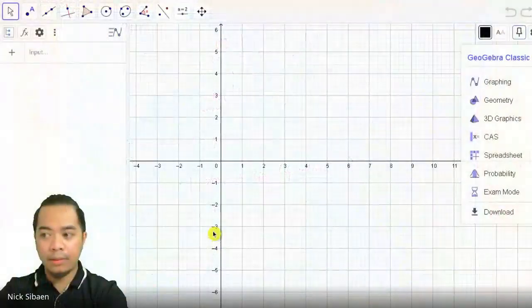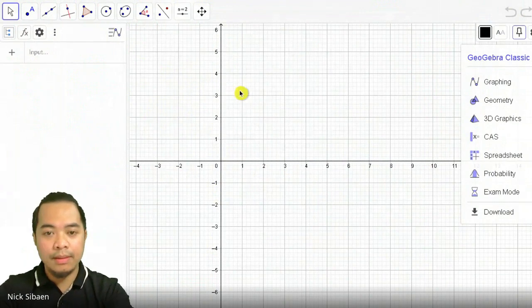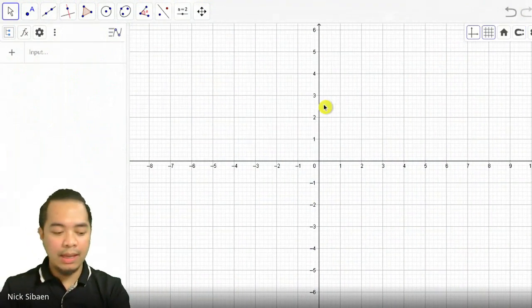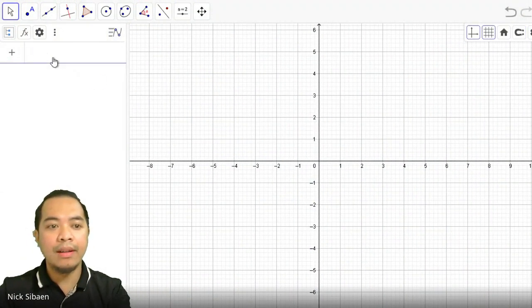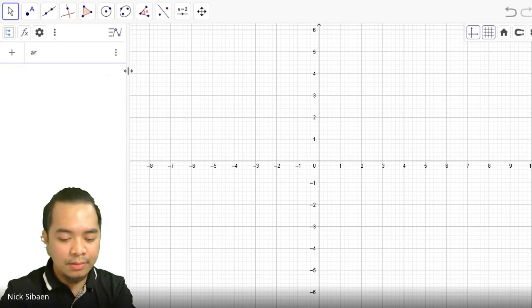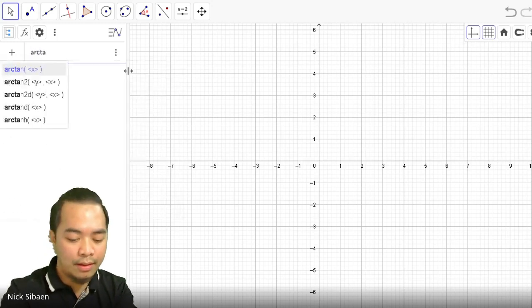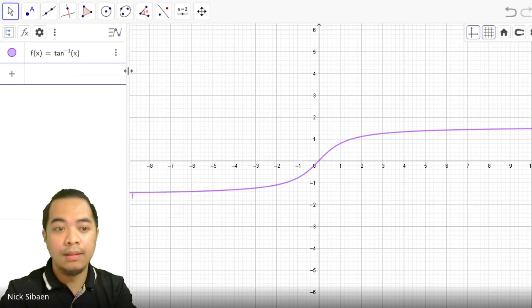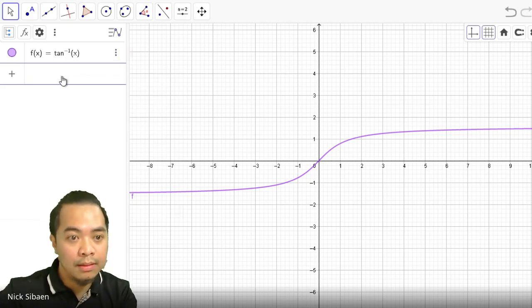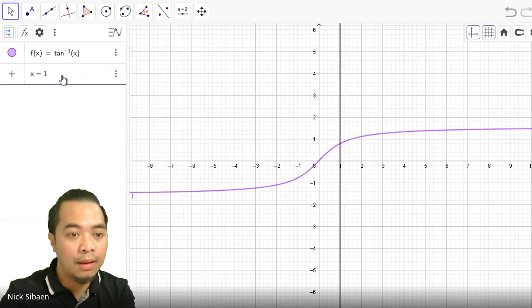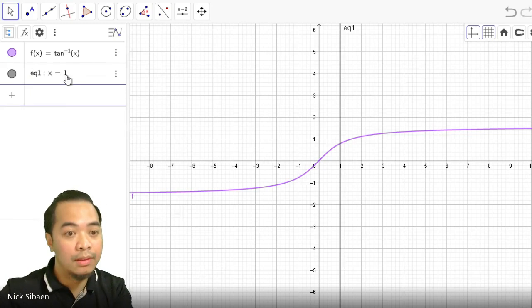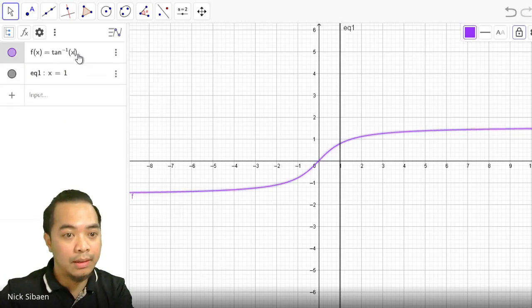Balikan natin itong front. Sige, titignan natin kung ano yung mangyayari sa arctan. So isulat natin muna yung function arctan x.